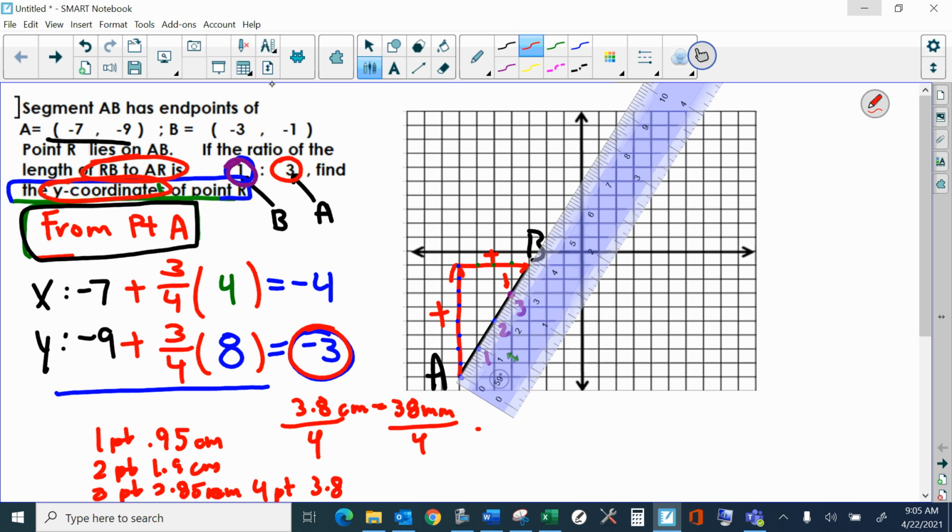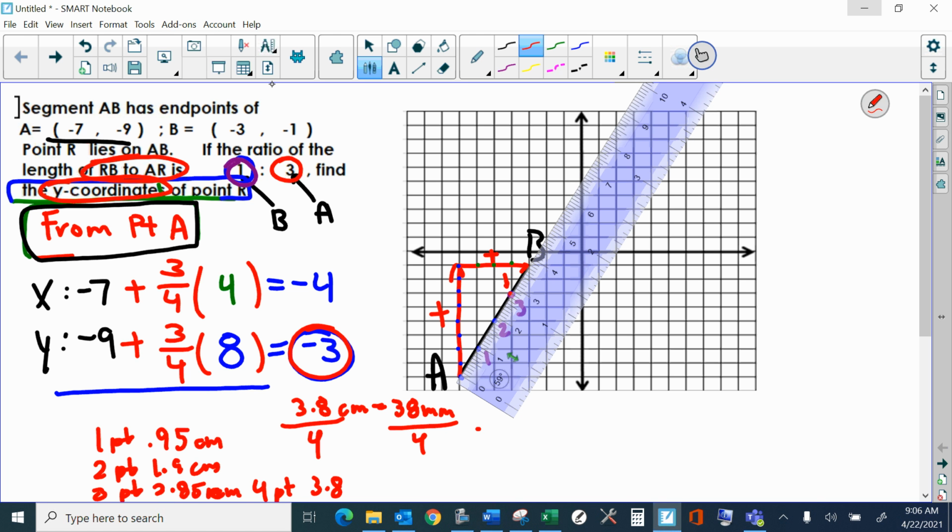Okay, so I could sit there and go every 0.95 centimeters, and that would take me up to, on the 3rd part, I'm going 3 parts from A. The 3rd part would be 2.85 centimeters. And you see that's right there, 2.8, close enough. And you see that point right there of -3.